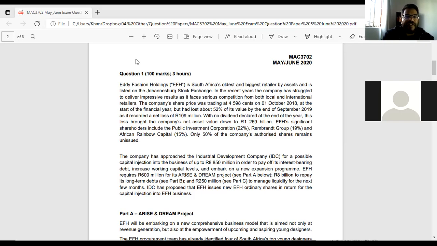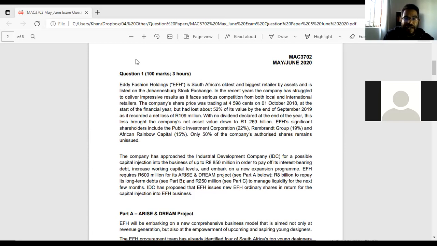So they say Eddie Fashion Holdings, EFH, is South Africa's oldest and biggest retailer by assets, and is listed on the Johannesburg Stock Exchange. In recent years, the company has struggled to deliver impressive results as it faces serious competition from both local and international retailers.